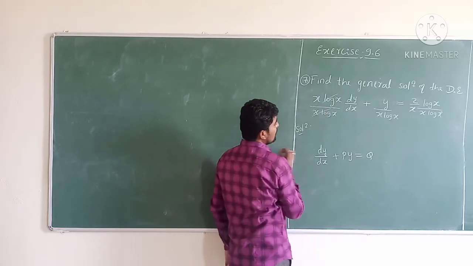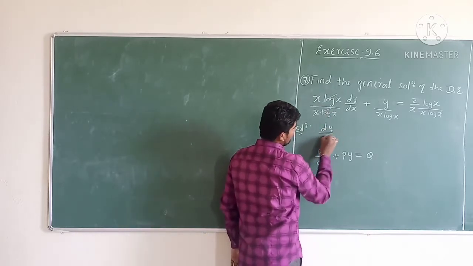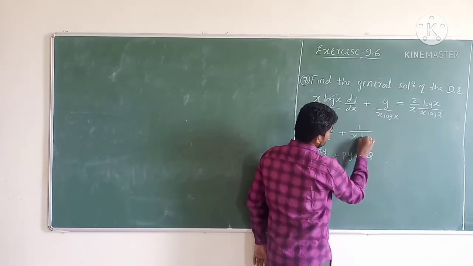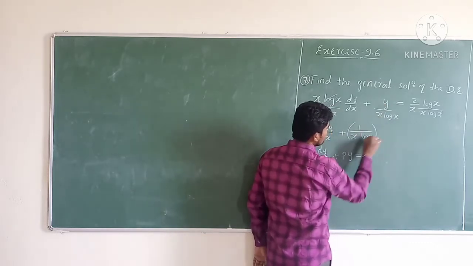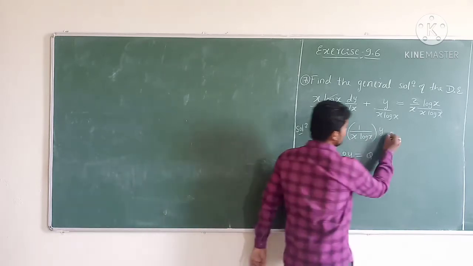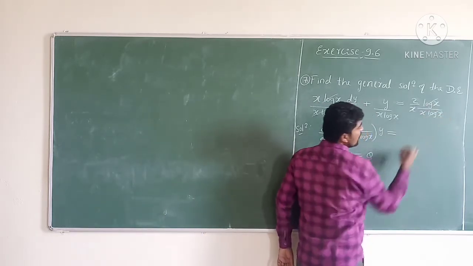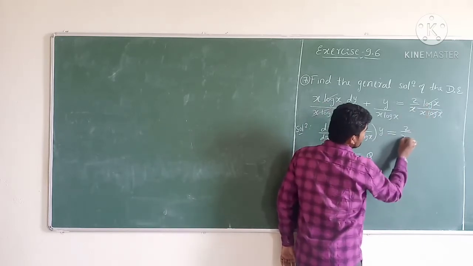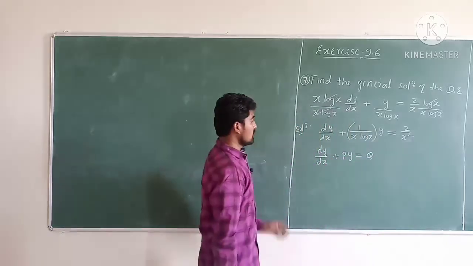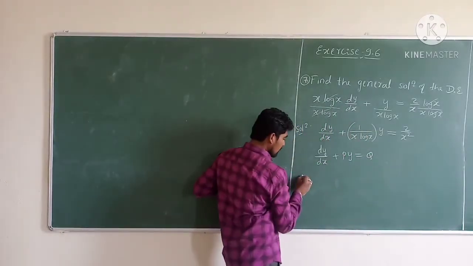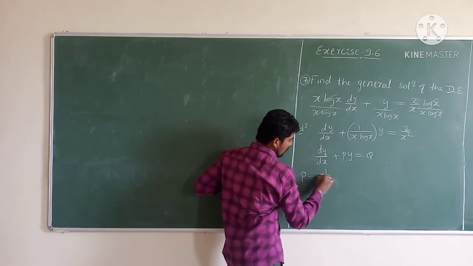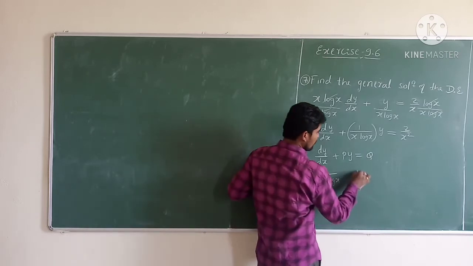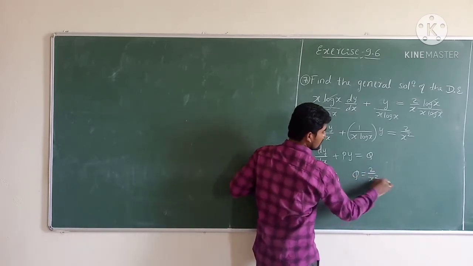Here x log x gets cancelled, remaining dy by dx plus 1 divided by x log x into y, which is equal to, here log x and log x get cancelled, remaining 2 by x into 1 by x, which is 2 by x square. Comparing these two, we get the value of p is equal to 1 divided by x log x, and the value of q is 2 divided by x square.